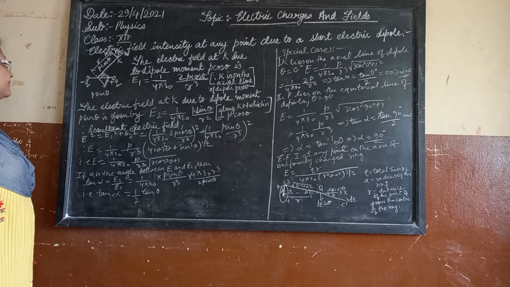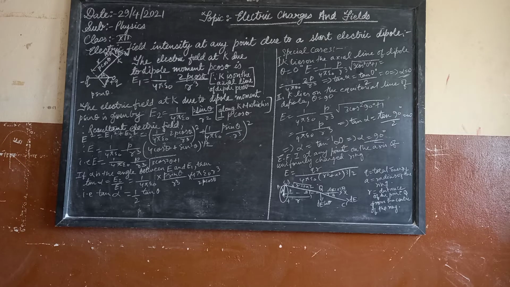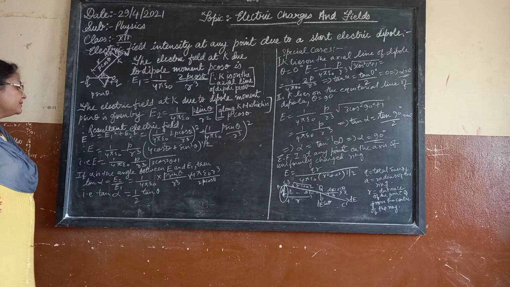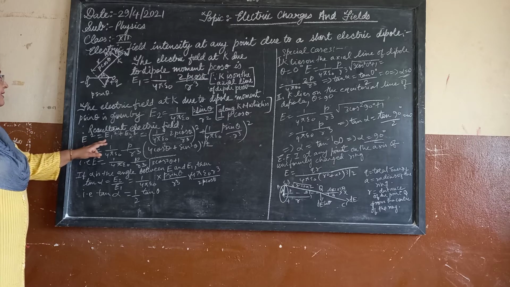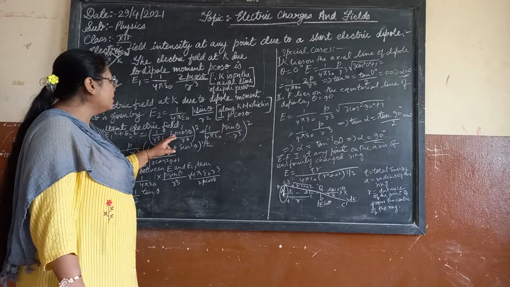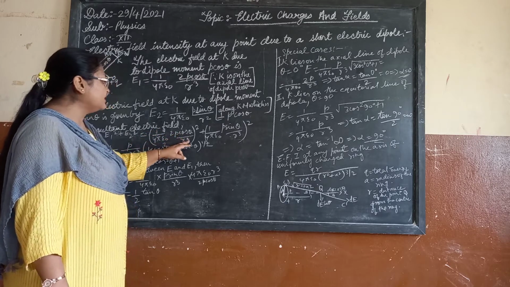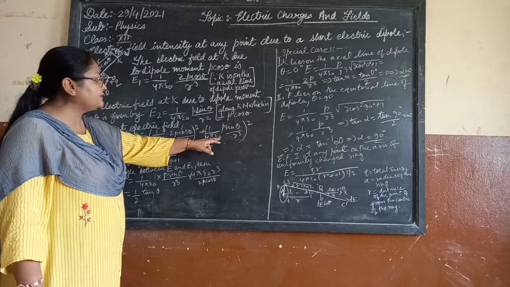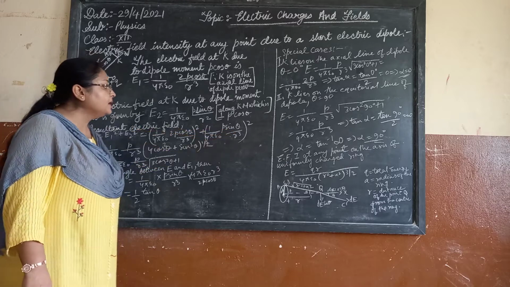Now what is the resultant electric field here? From the superposition principle, we can say that E square will be equal to E1 square plus E2 square, which is 1/4 pi epsilon 0 into 2p cos theta upon r cube the whole square plus 1/4 pi epsilon 0 into p sin theta upon r cube the whole square.